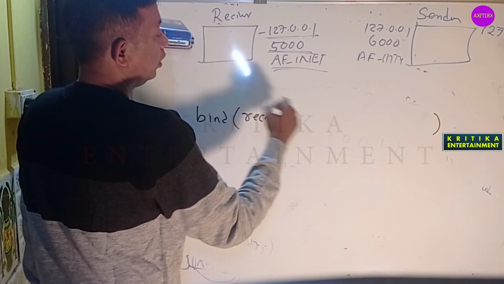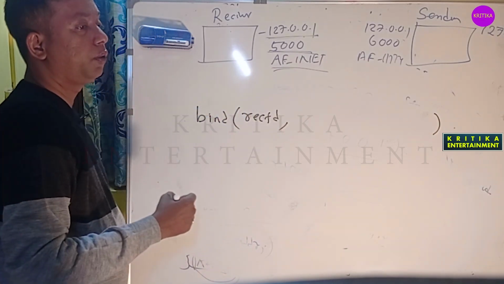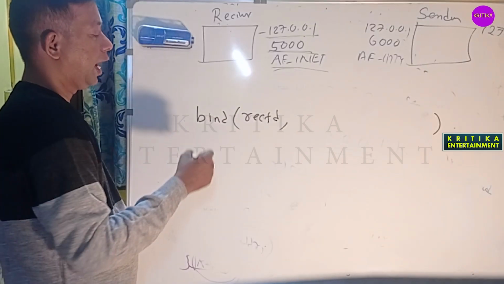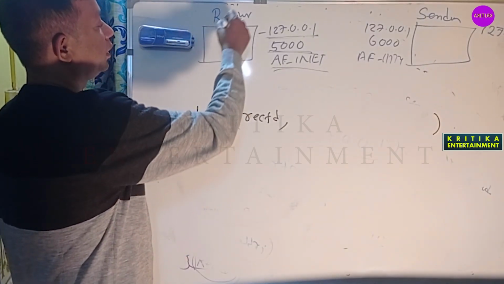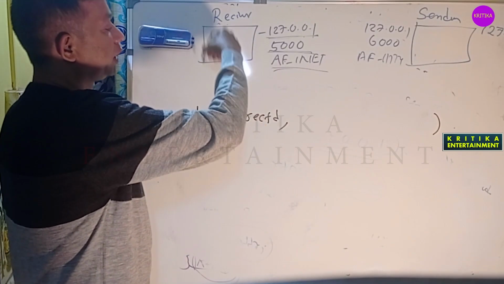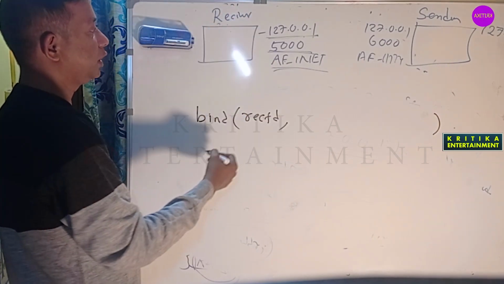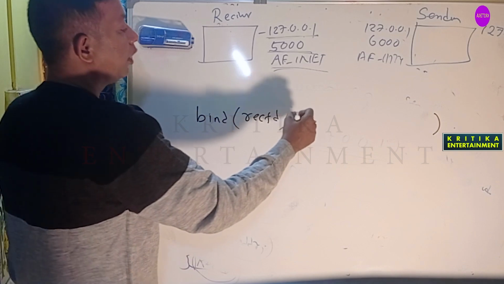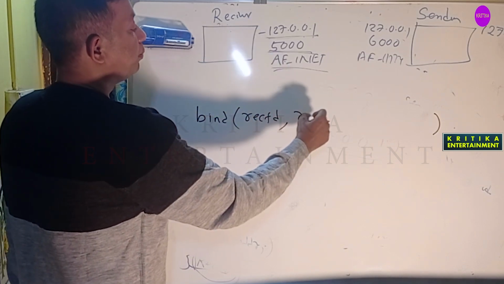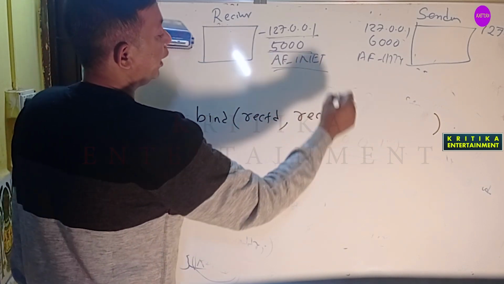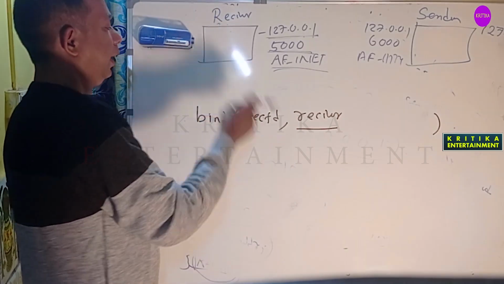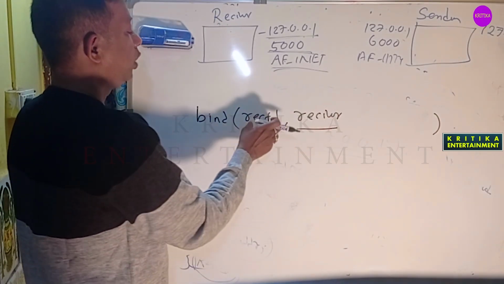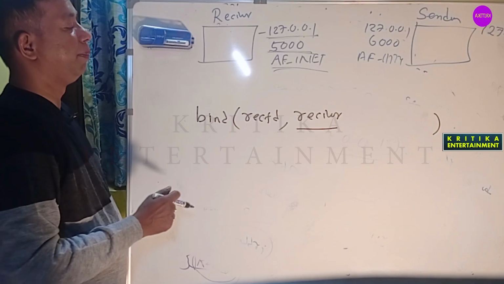Second is, I want this machine to create a process. So bind is a process so that it will be made a receiver. So here I will write the receiver variable so that it will associate the port and IP address to the receiver FD.